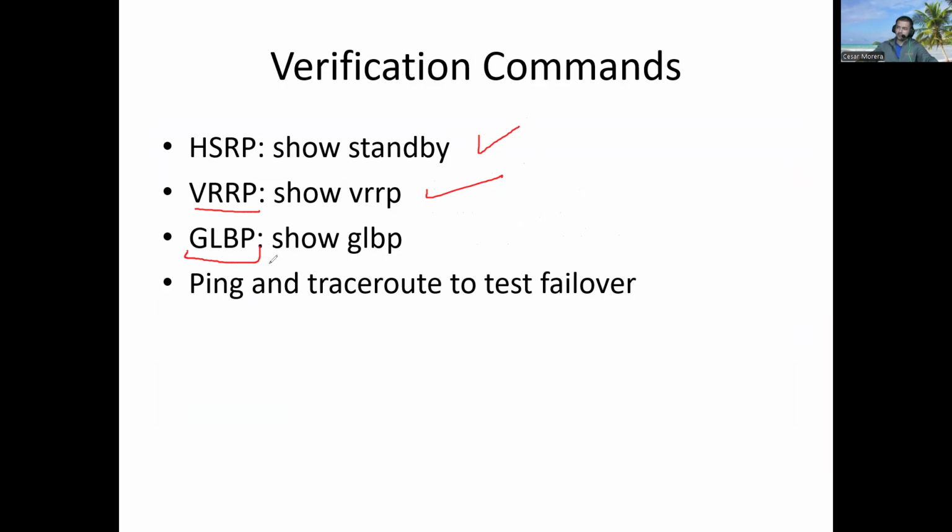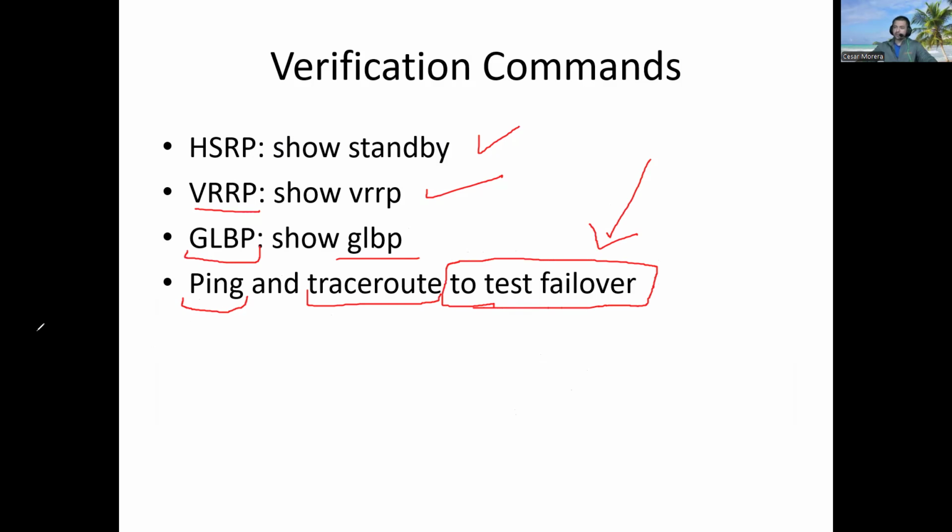And if we configure GLBP on our routers, we run show GLBP in order to validate the configurations we created before. We can use ping and traceroute to complete a failover when that is eventually required. Those are additional options that we have.